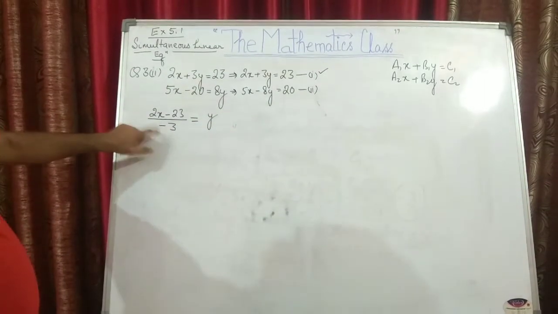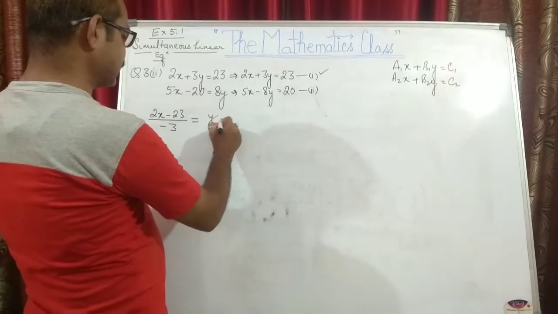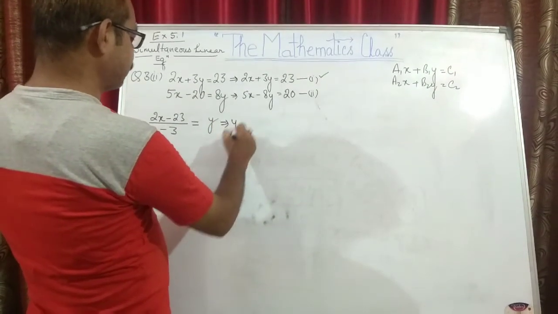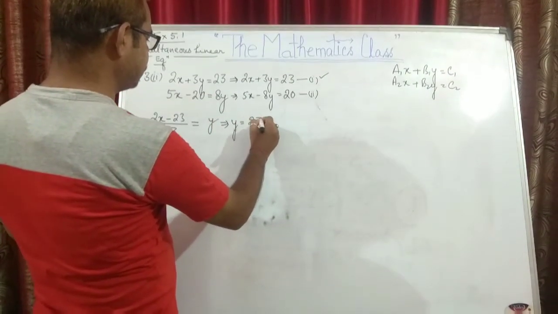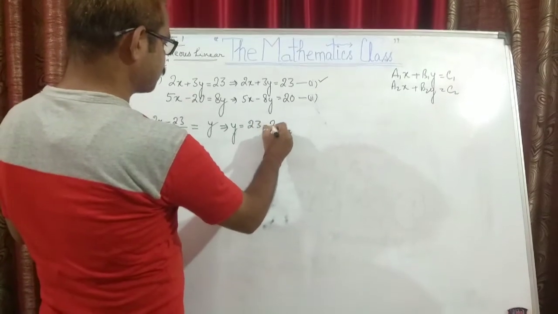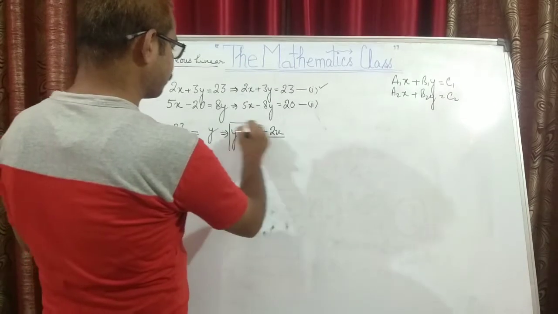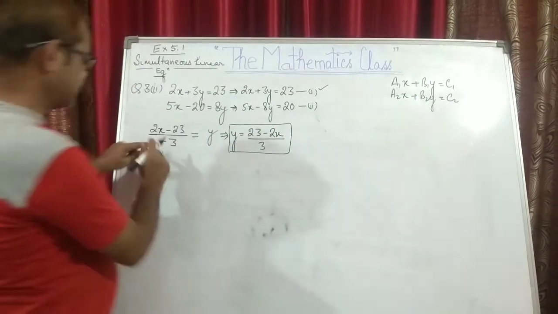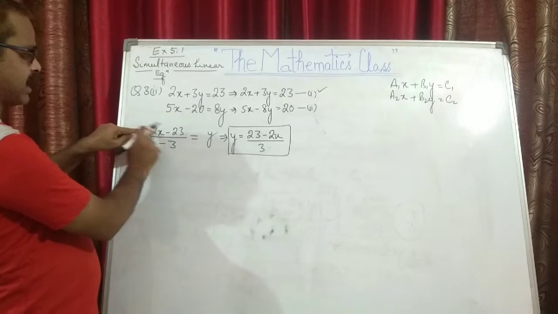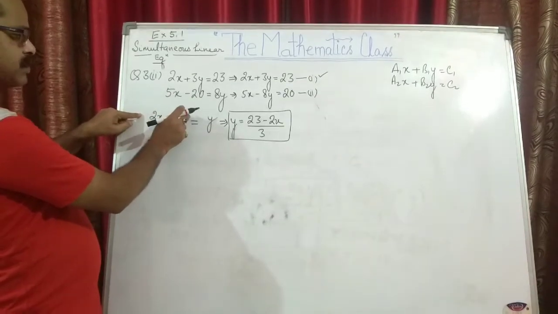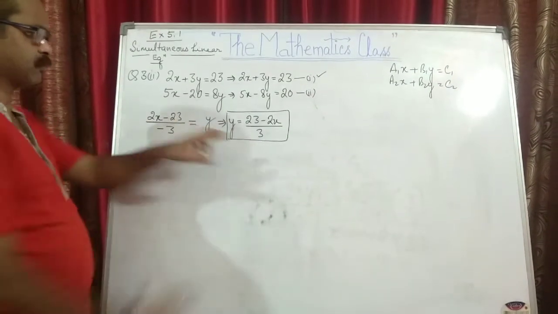So y can be written as 23 minus 2x upon 3. How? When you divide, this will become minus and this becomes plus. So plus we are writing first and then minus and then upon 3.